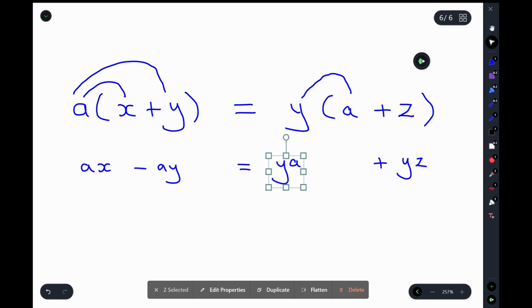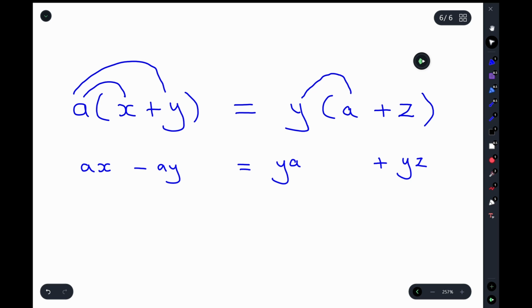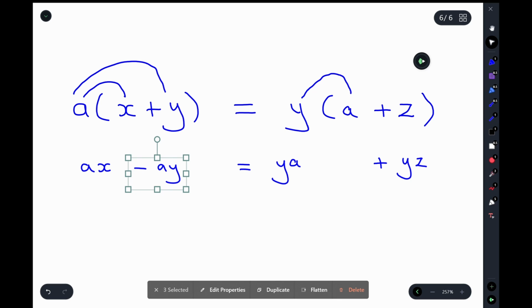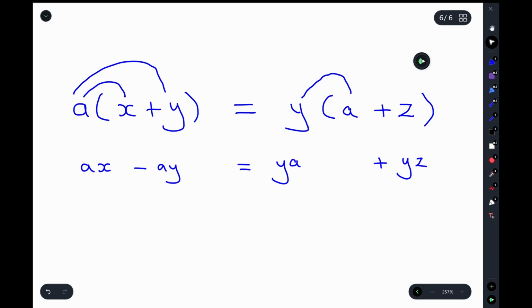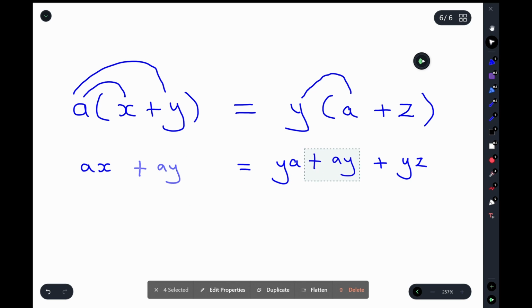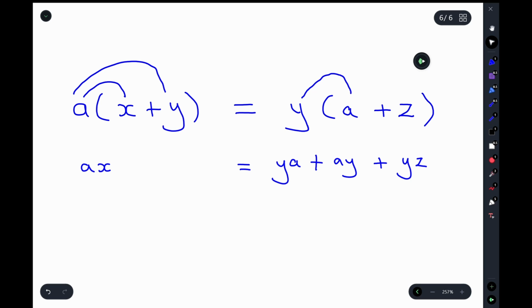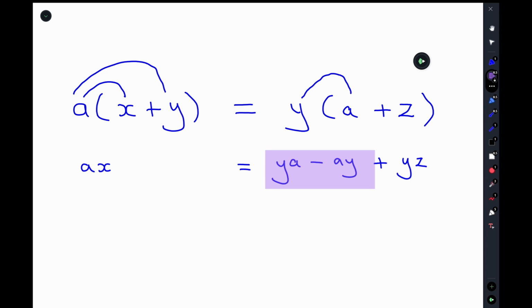Because if I did this, when I shift a plus ya, well that was positive ay, when I shift this to the other side and it becomes minus ay, the danger is I may not recognize that these two terms could be subtracted or cancelled out.